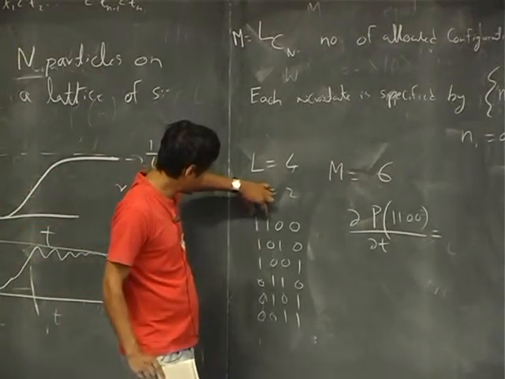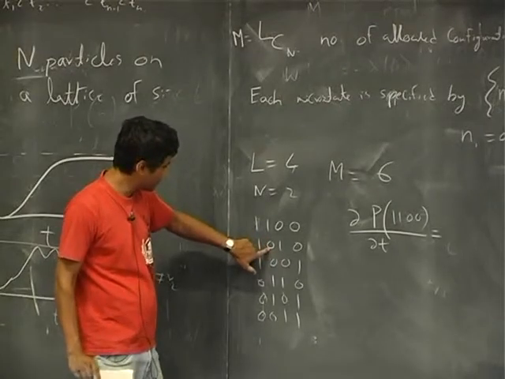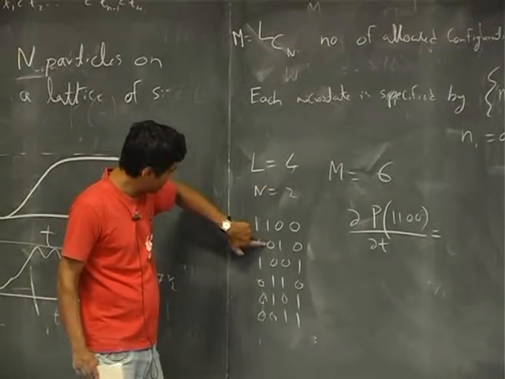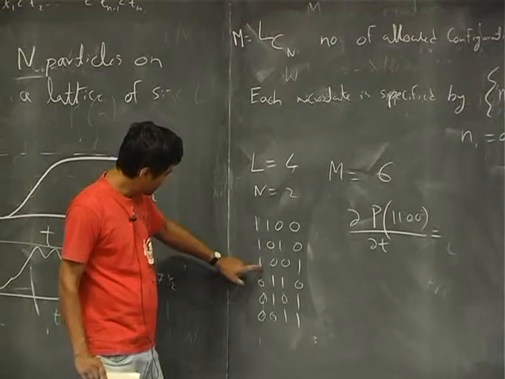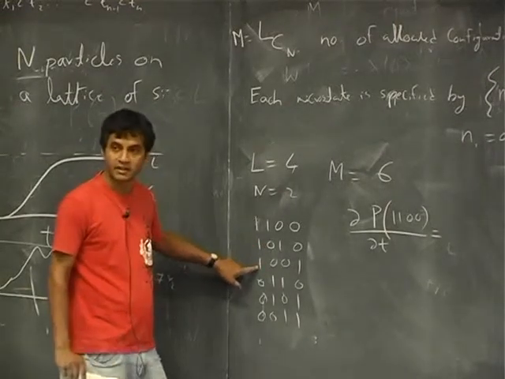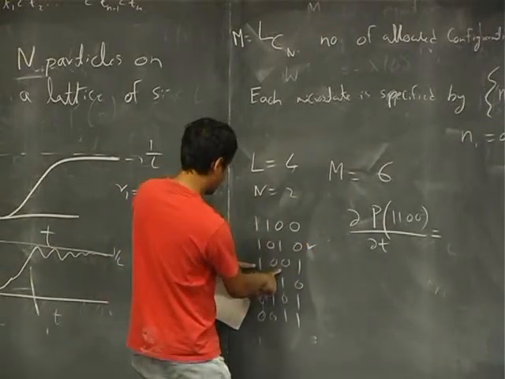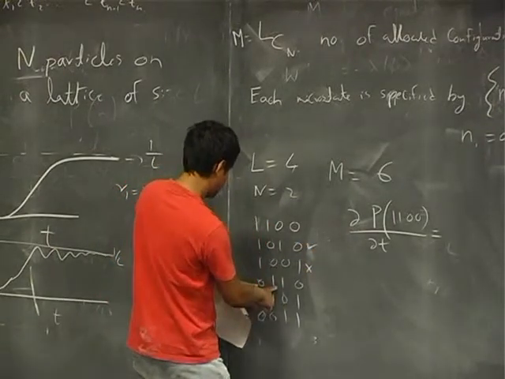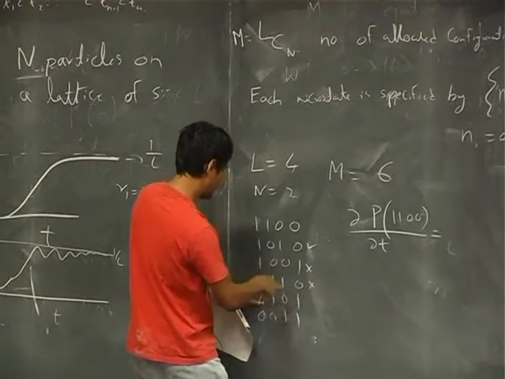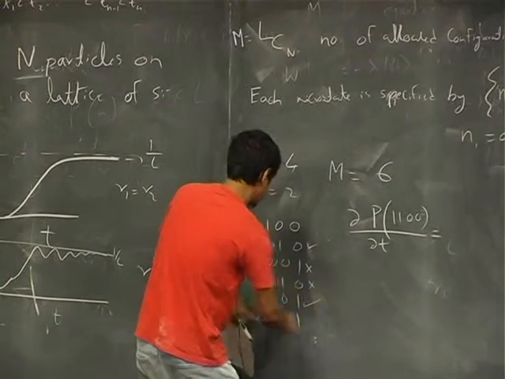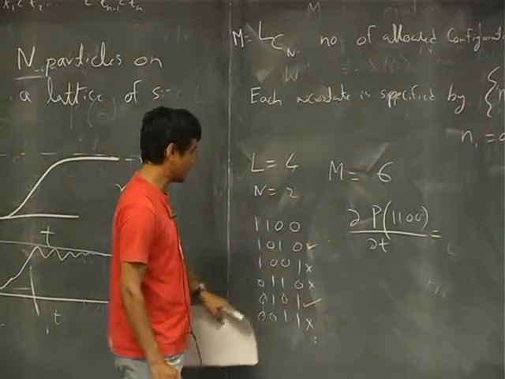This state can come from here, because this particle could have hopped here. It can't come from this state. This one no, this one no, this one yes, because this way I can just come here, and this guy no. So there are only two states.